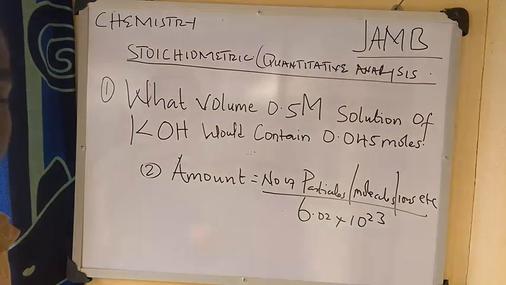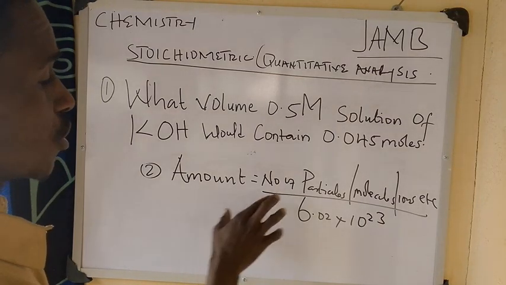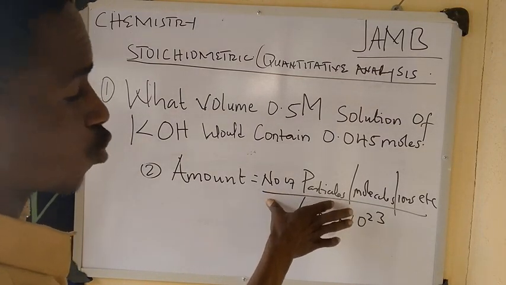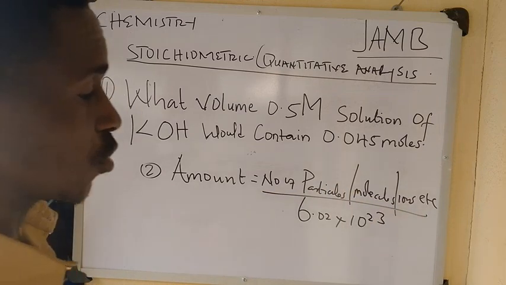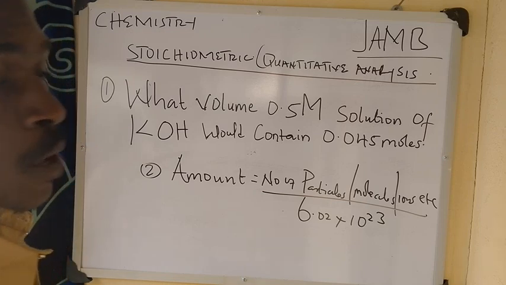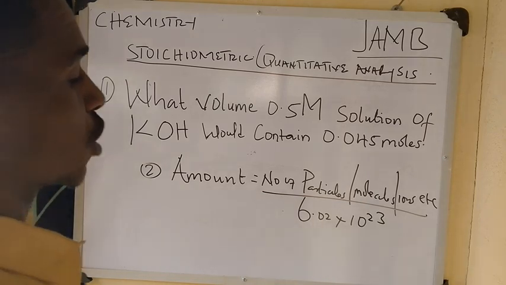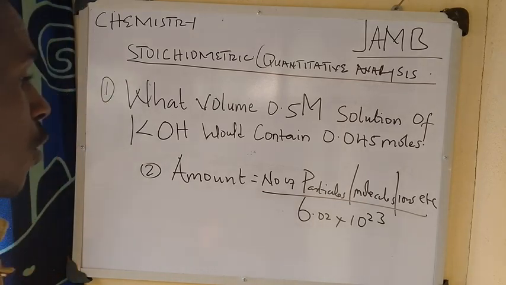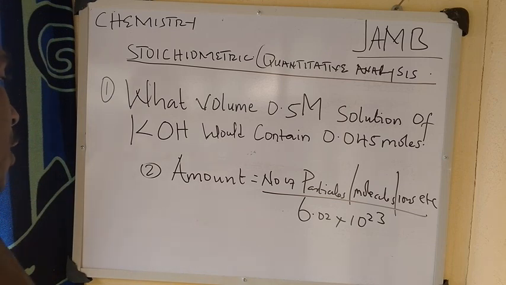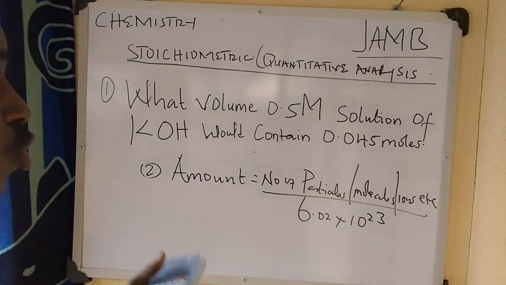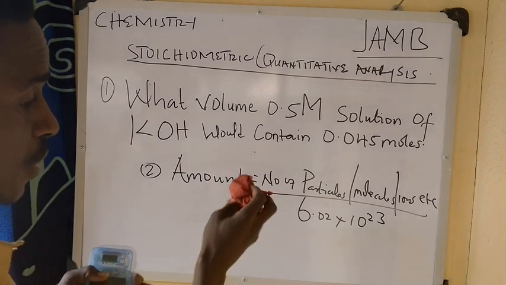So amount is equal to the number of particles or number of molecules or number of ions all over 6.02 times 10 to the power of 23. Very, very important.